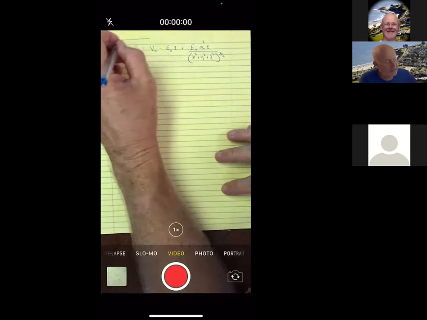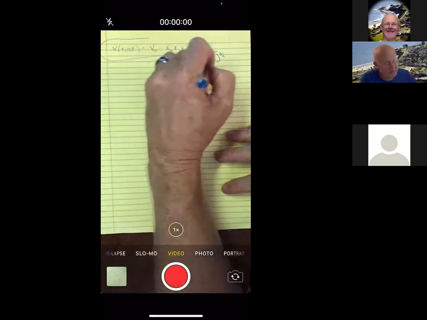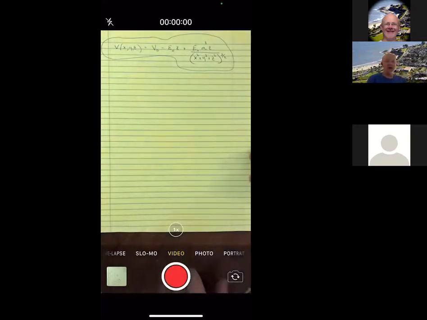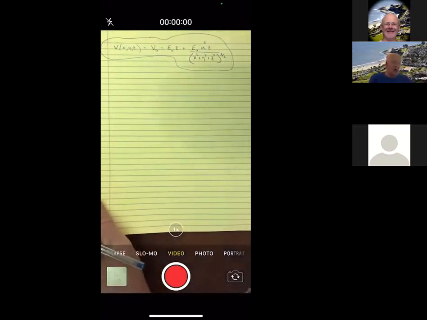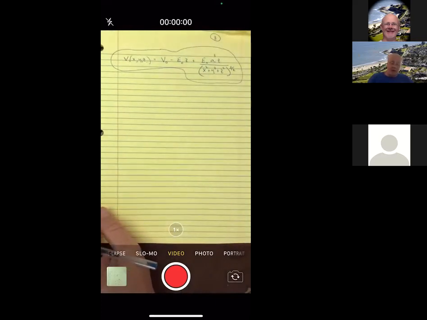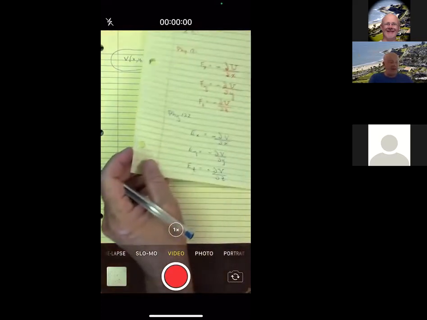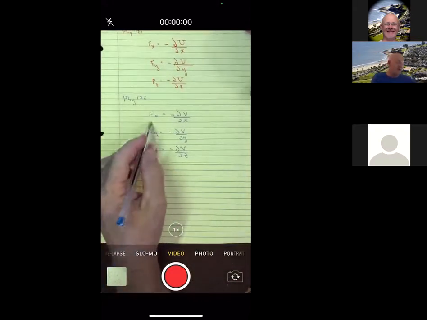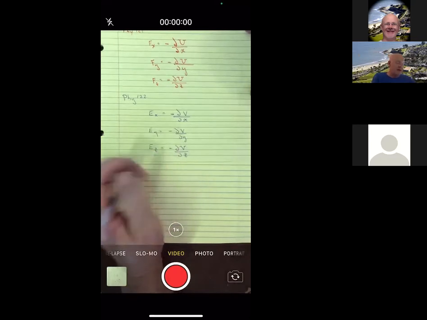So again, as I said earlier, trying to figure out that this is the potential outside is not simple. So we're not asked to do it. We're asked to do an easier part, which comes back to my page 1, which just says find the field by taking the gradient of the potential.